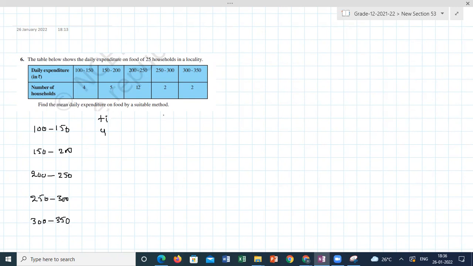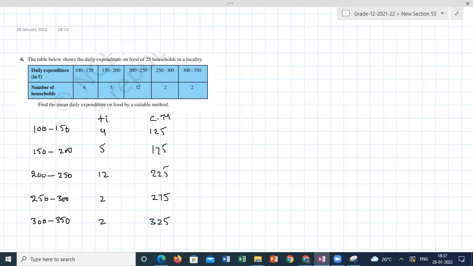For the class mark, 250 by 2 is 125. And this is 350 by 2, so 175. Then 225, 275, and 325.